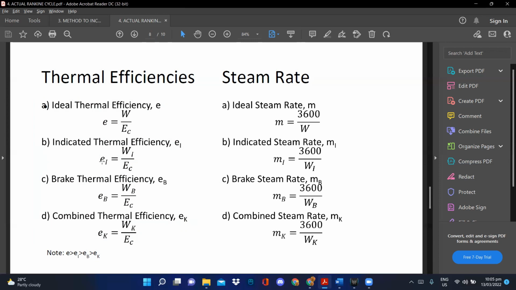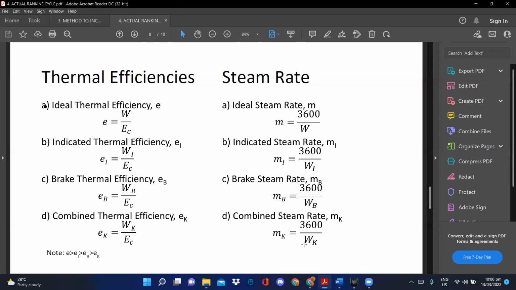And for your combined thermal efficiency, you have your combined work all over your cycle efficiency. For the steam rate, you have 360 over work. For the ideal steam rate, for indicated, that's the indicated work. For the brake steam rate, that's the brake work.